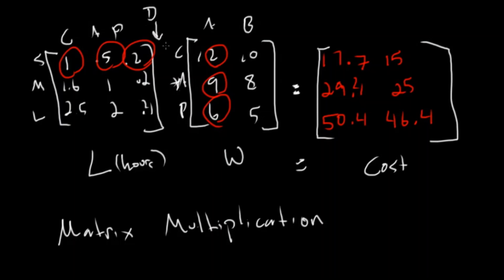It wouldn't know what to do with this distribution column. So the number of columns needs to equal the number of rows in the second matrix. Another thing to note is that A times B does not equal B times A.